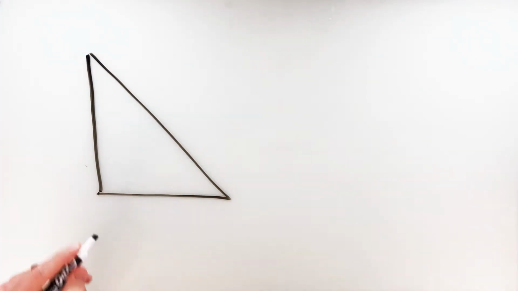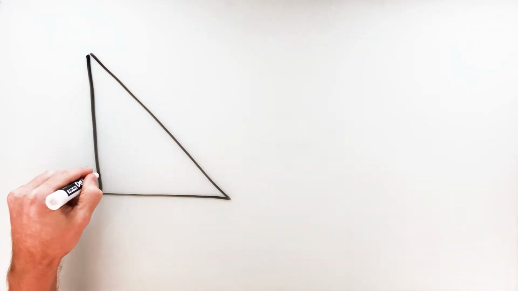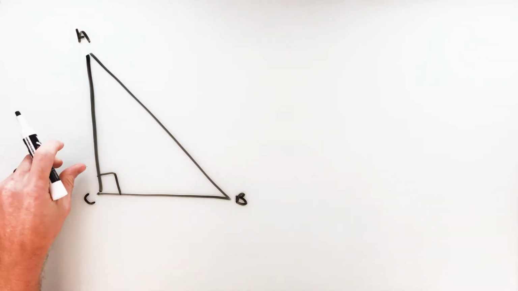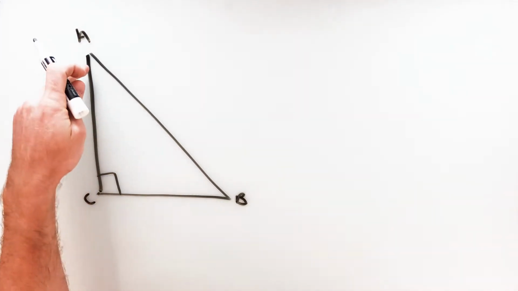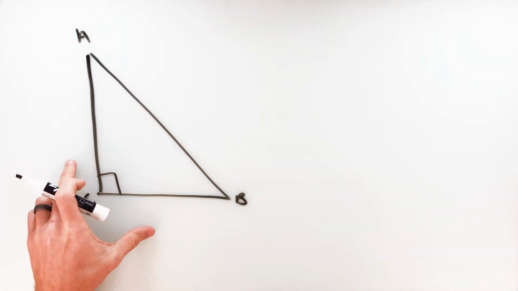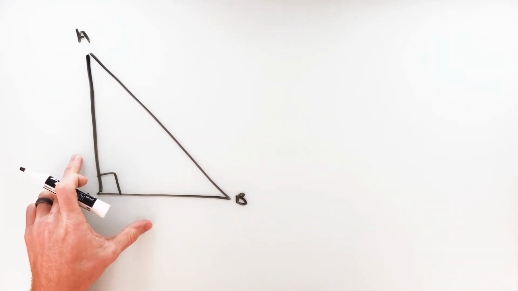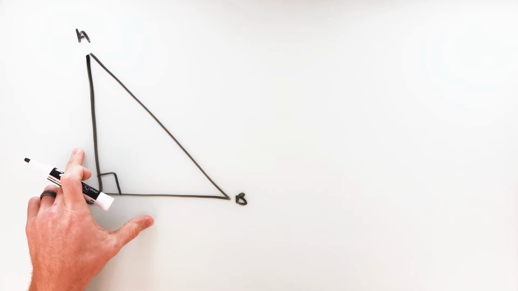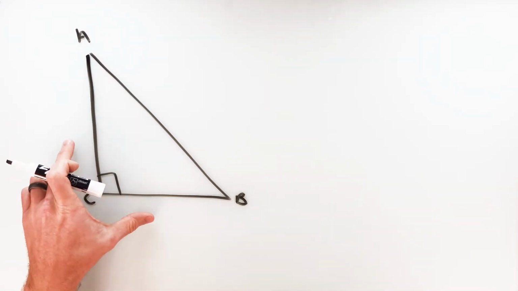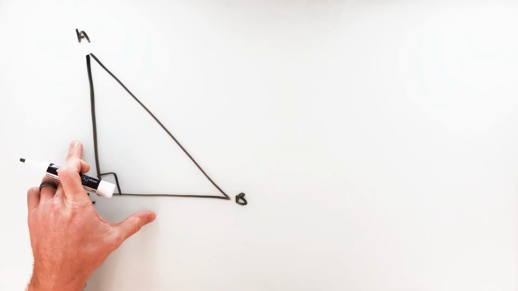So if I have a right triangle, and my tangent ratio, we'll just use A, my tangent ratio for angle A is 1 over 1. What would that mean? That would mean that my opposite leg and my adjacent leg would have to be the same value. It could just be 1 and 1, but it could be any two numbers that are the same that would reduce down to 1 over 1.